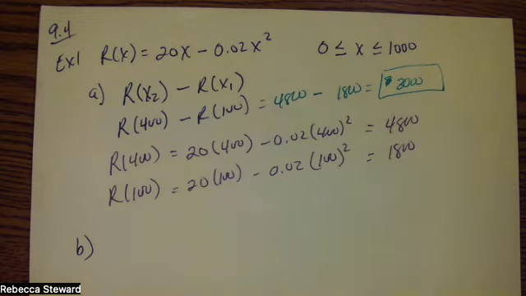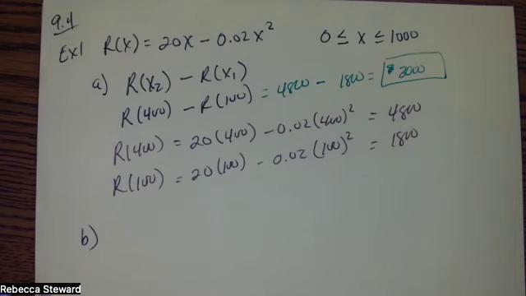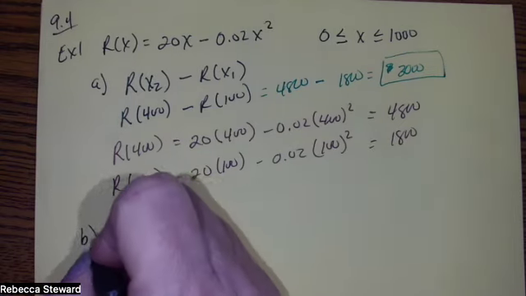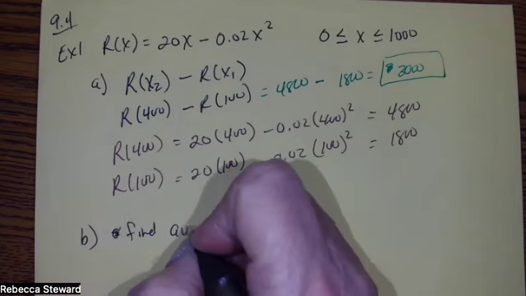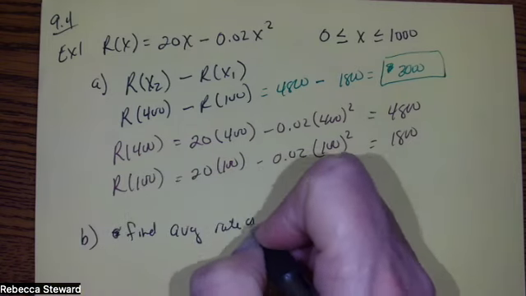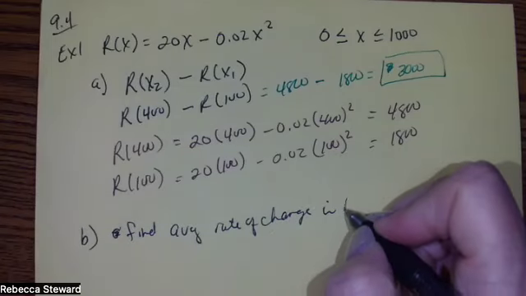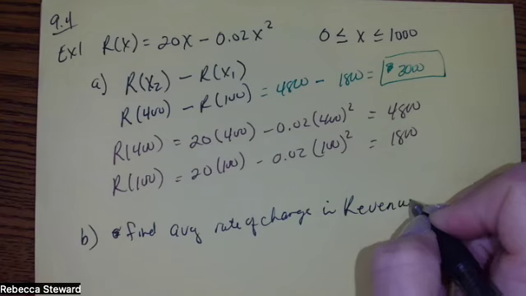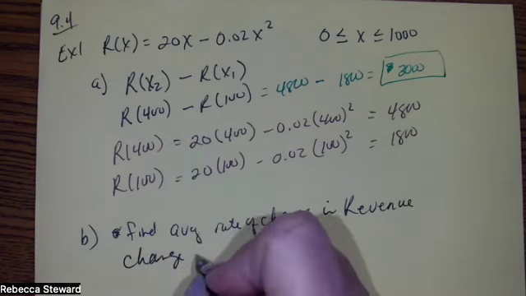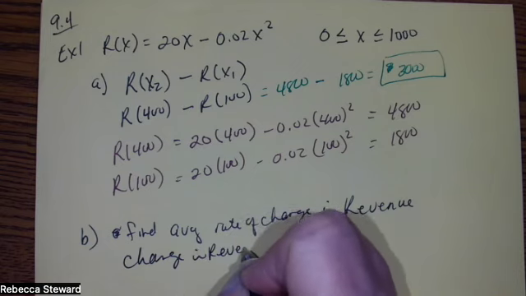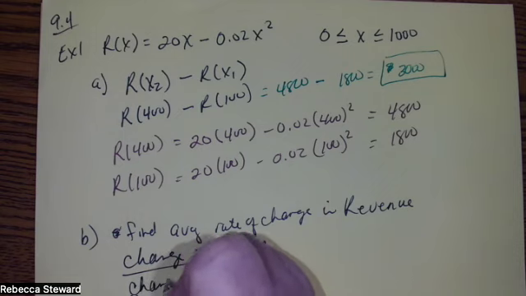Okay, so we need to find the average rate of change in revenue. That's going to be our change in revenue divided by the change in production.